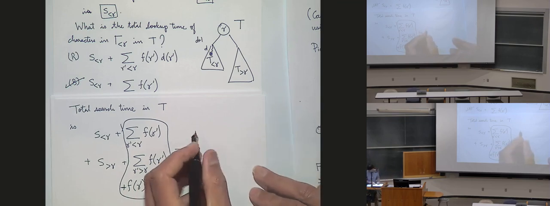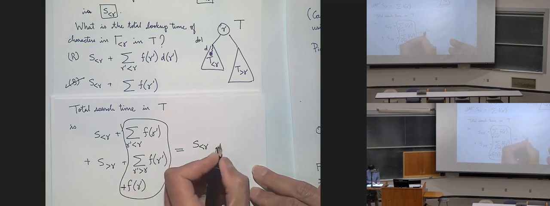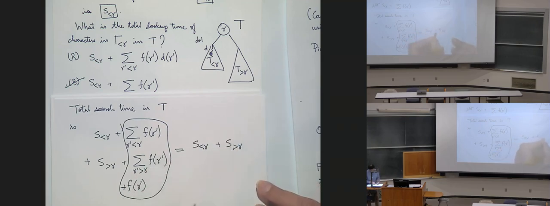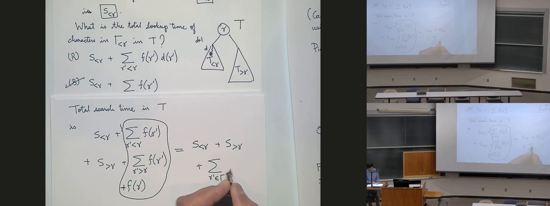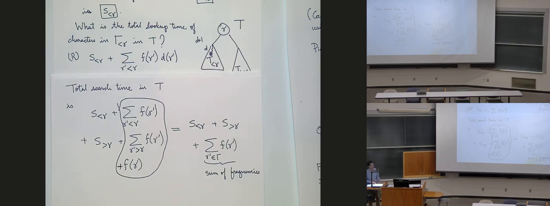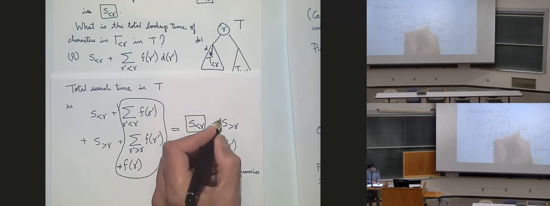So what I get is S less than gamma plus S greater than gamma plus just the sum over all characters, over all gamma prime in this universe, of f of gamma prime. This is just the sum of frequencies. So these you got by recursive calls.